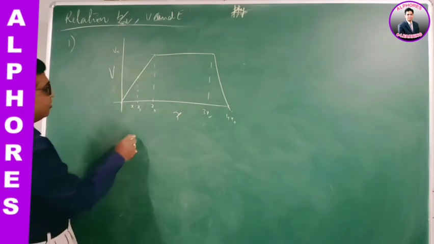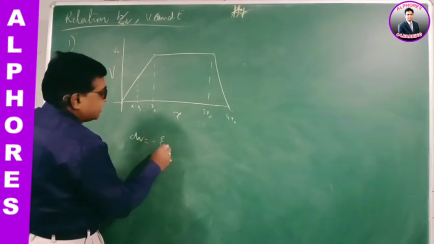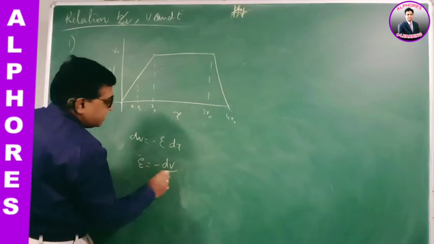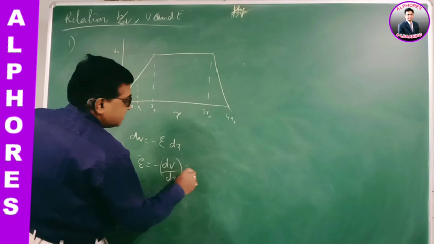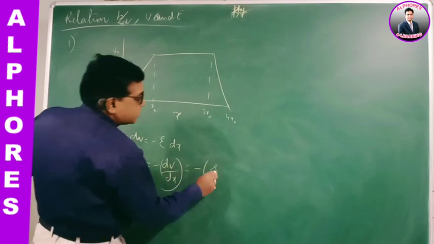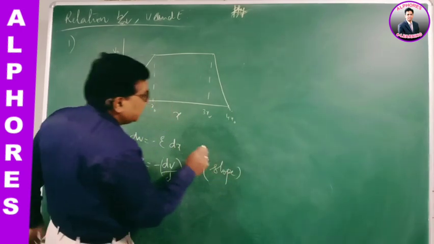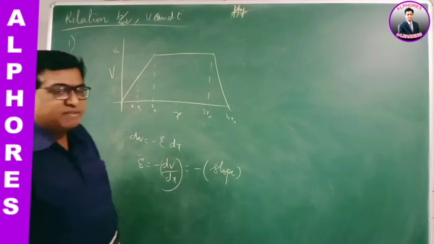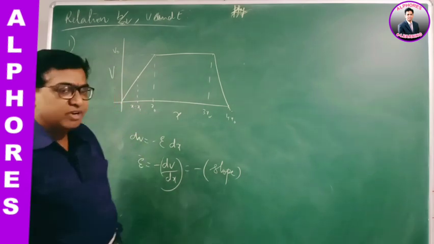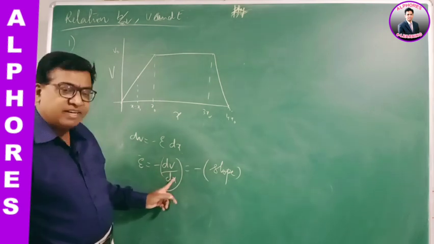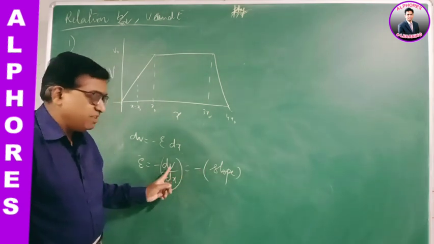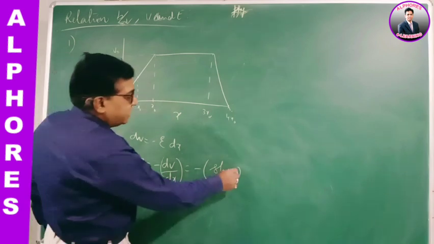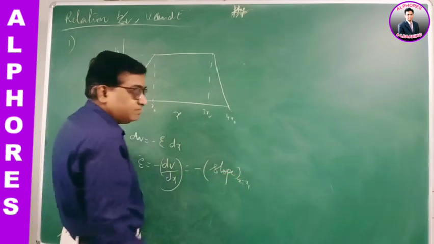Then we know dV is equal to minus E dx, or E is equal to minus dV by dx. It is the negative of dV by dx, the slope of the graph at whatever point x equal to x1.